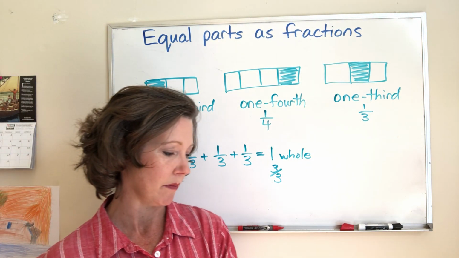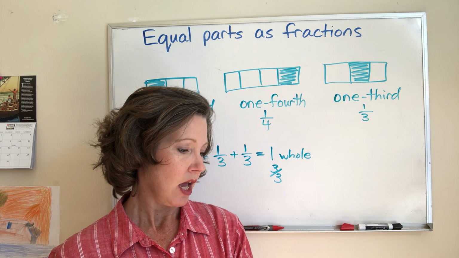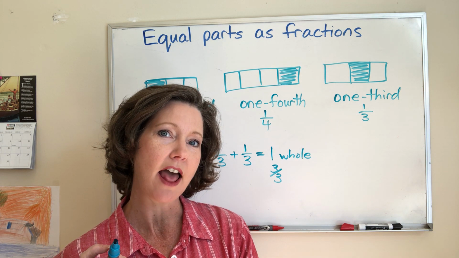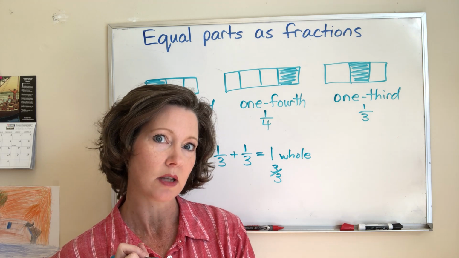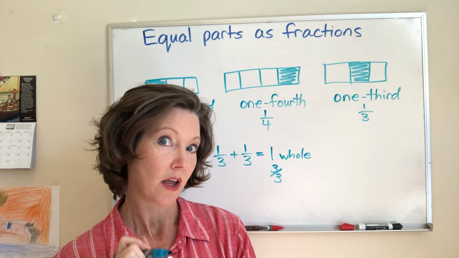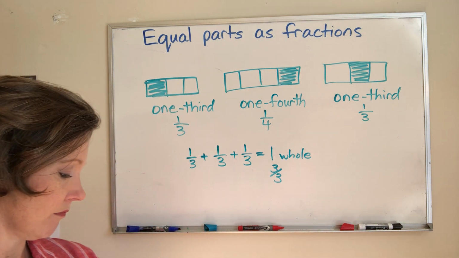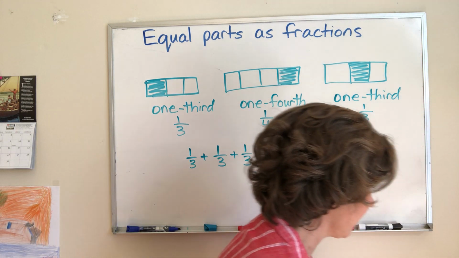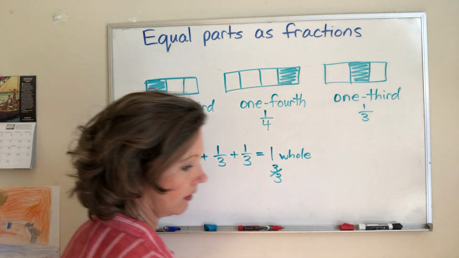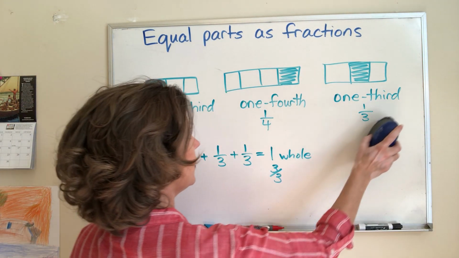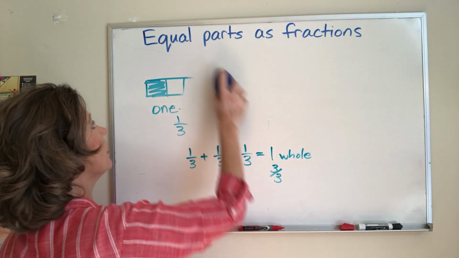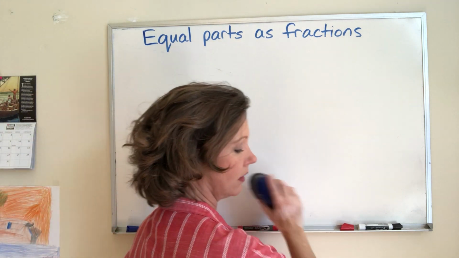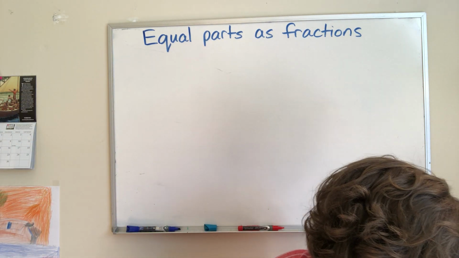I want you to look at them and decide if the number sentence and the rectangle models match. I'll give you a moment to do that. All right, let's look at it together.